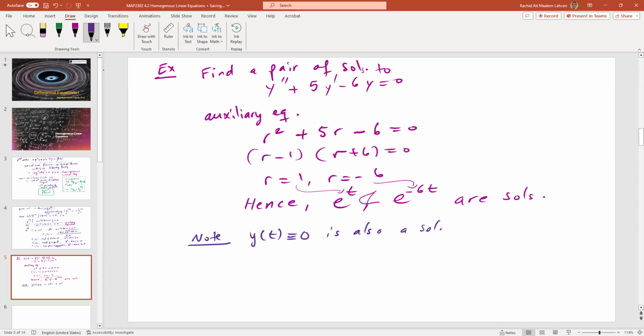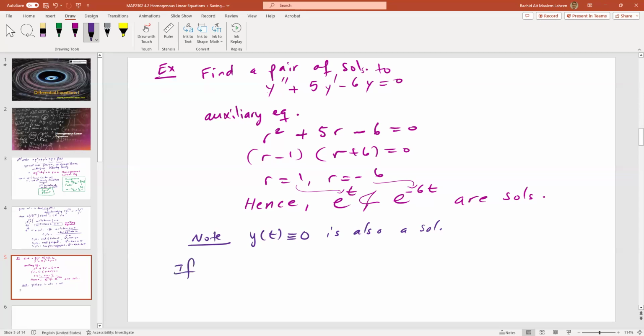What else can we say? Furthermore, when we have a pair of solutions to this equation, like we did now, we can construct an infinite number of other solutions. It works out this way.